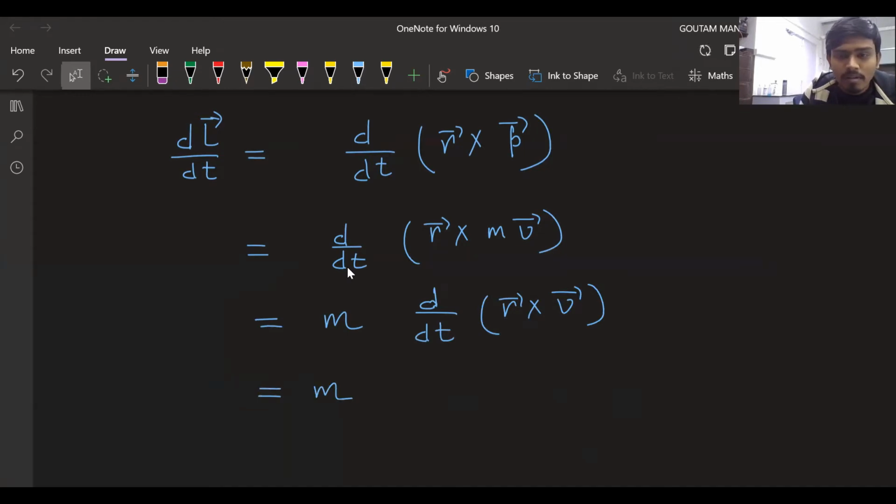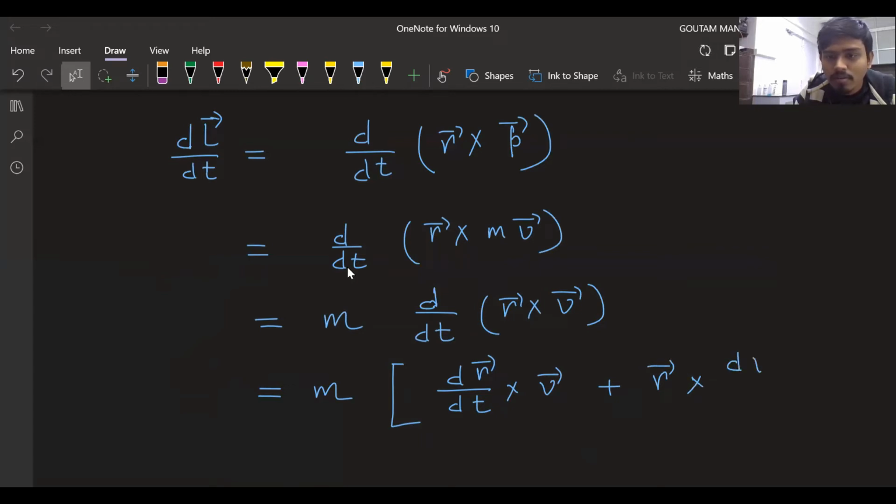This is the derivative of a multiplication of two functions, so we can take the derivative of the first function with the second as it is, and then the first one intact times the derivative of the second one, which is dv/dt.